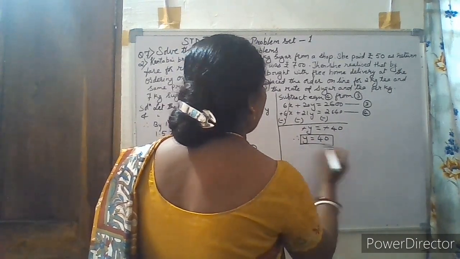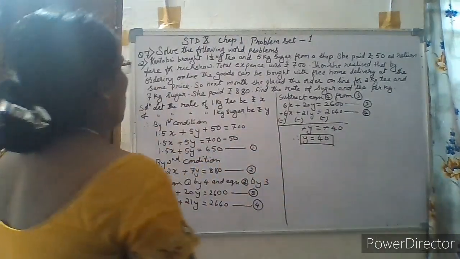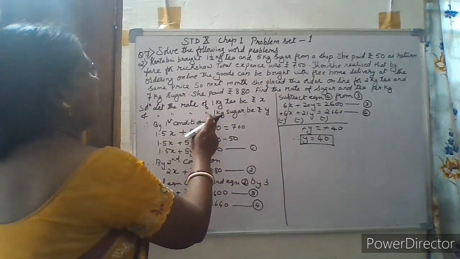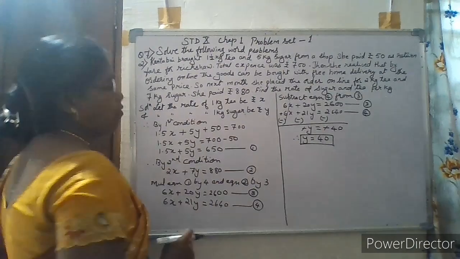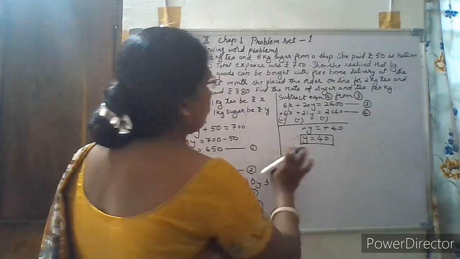What is y? Y is the cost of 1 kg sugar. So we got the value of y.